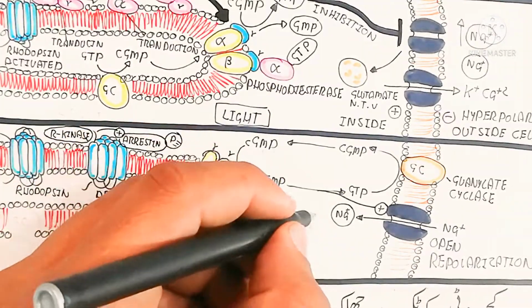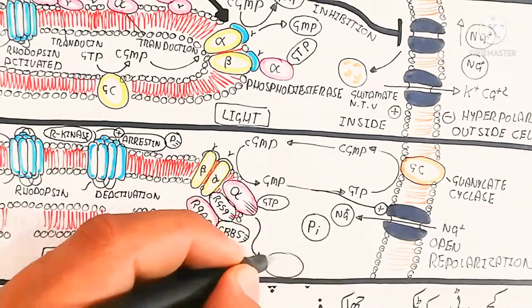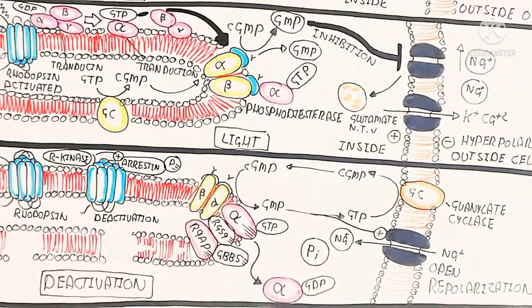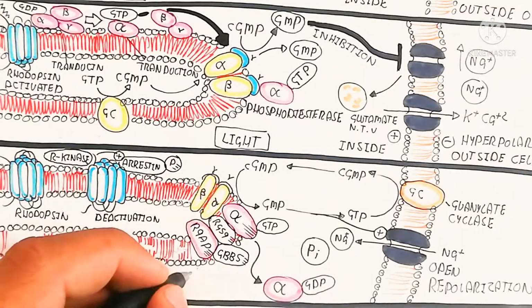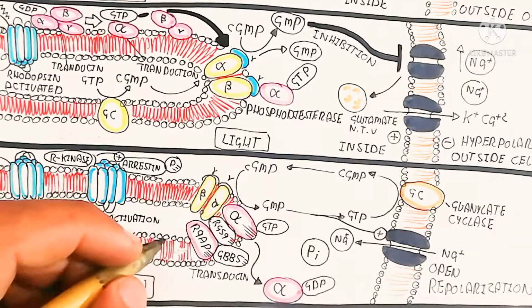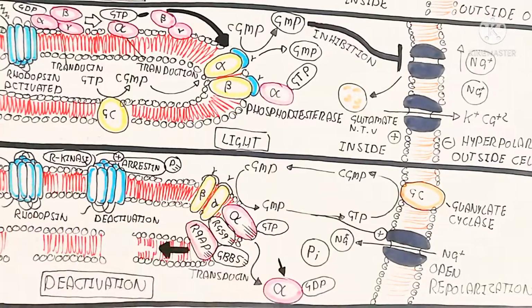Here GTP will convert into cyclic GMP, and again there is sodium influx by the positive things. That is why there is a decrease of GMP and an increase of cyclic GMP, due to the alpha GDP being inactivated.